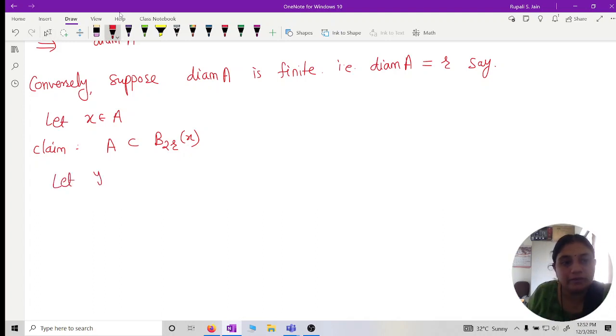Let y belong to A. Now since x and y belong to A, what is the distance between x and y?